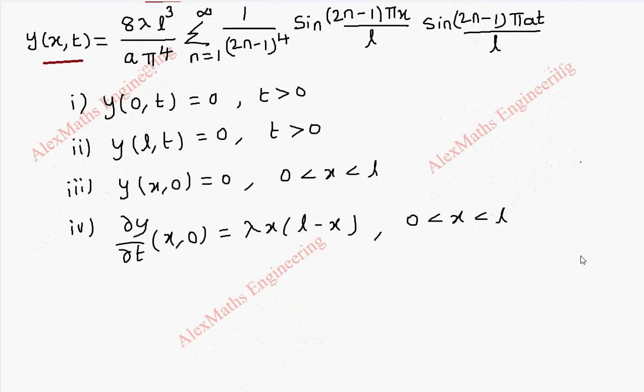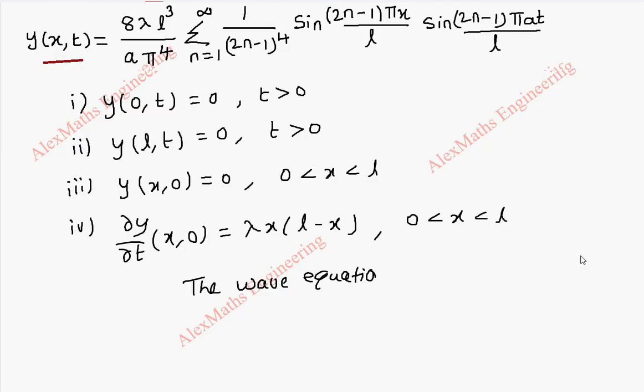Now let's take the wave equation. The wave equation is dou square y by dou t square equal to a square into dou square y by dou x square.